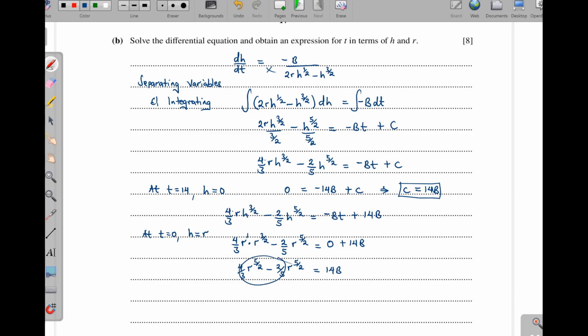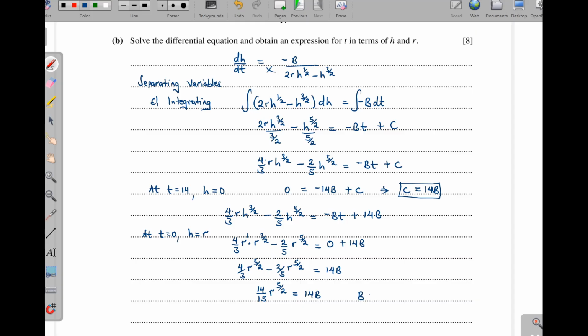Now, what do we have here? We can simplify this. 4 times 5, you get 20. Then 3 times 2, you get 6. Then out of 3 times 5, you are going to get 15. So this is 20 minus 6, that is 14 over 15. So we shall get 14 out of 15 of r^(5/2) equal to 14b.